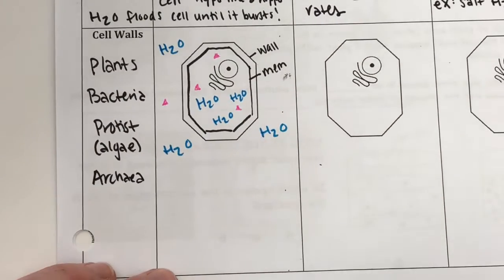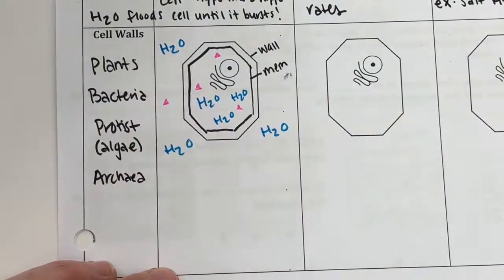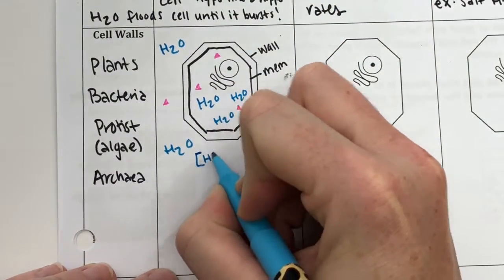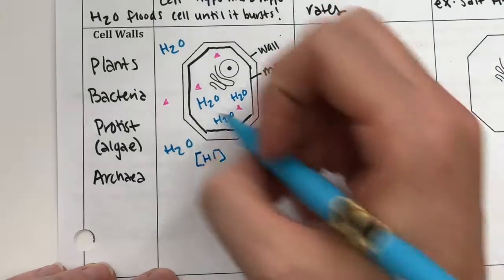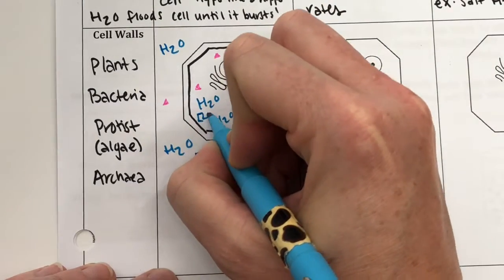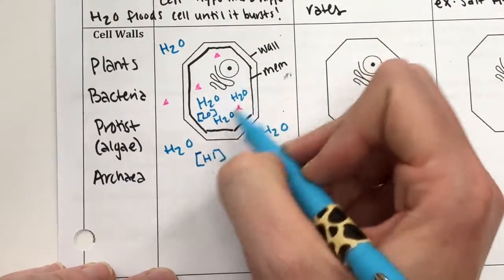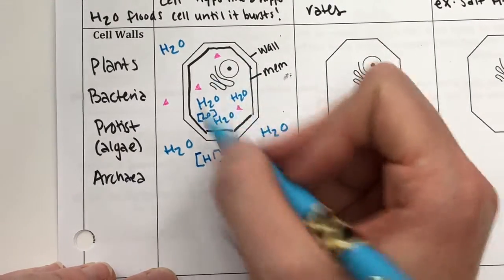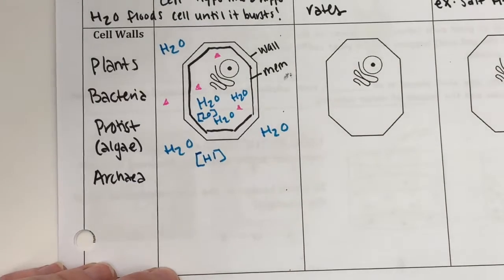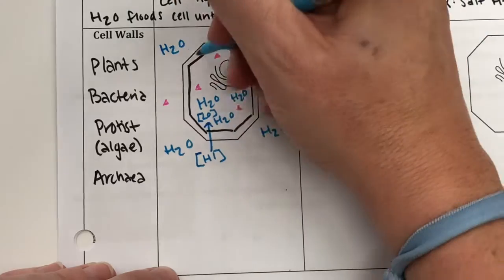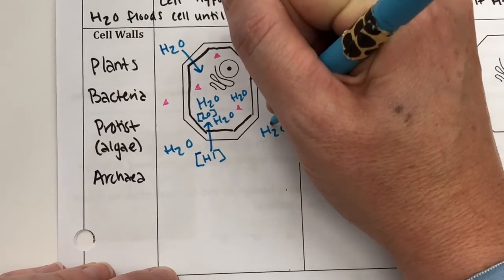So the concentration of water outside the cell relative to inside the cell is high. We have a high water concentration here, and it's considered low in here because this one has more dissolved stuff in it, more solute. So just like before, water will move from high to low always and come into the cell.